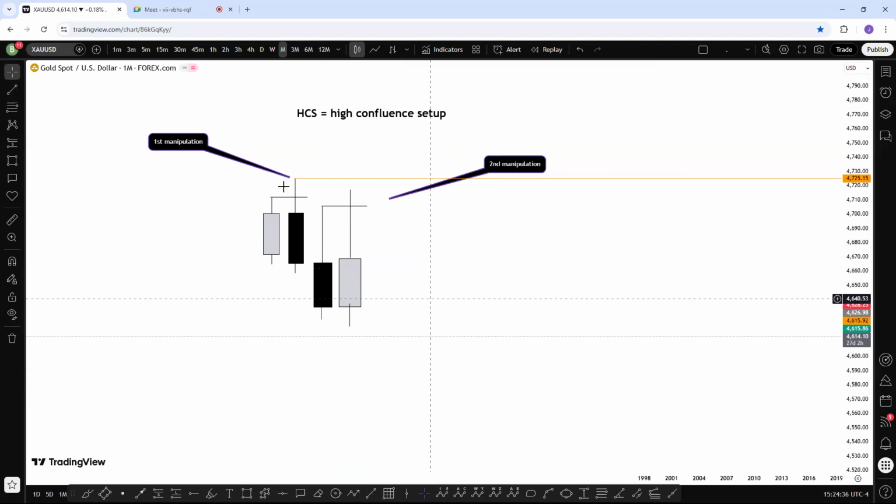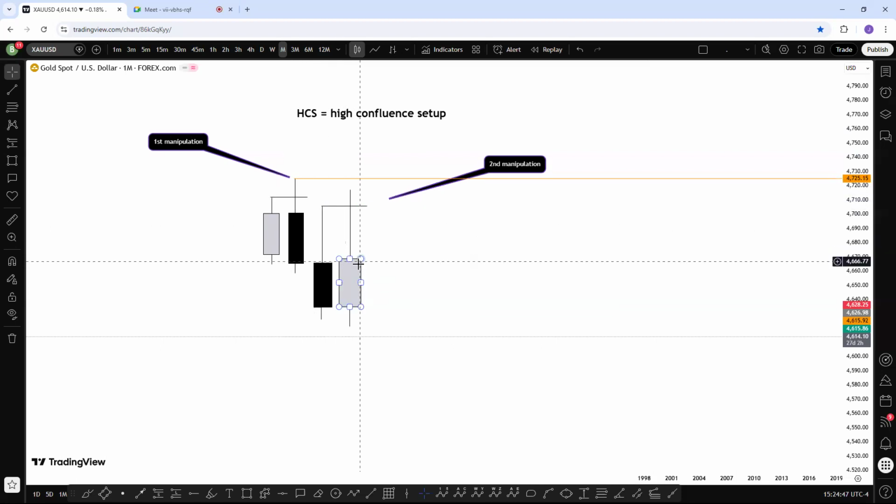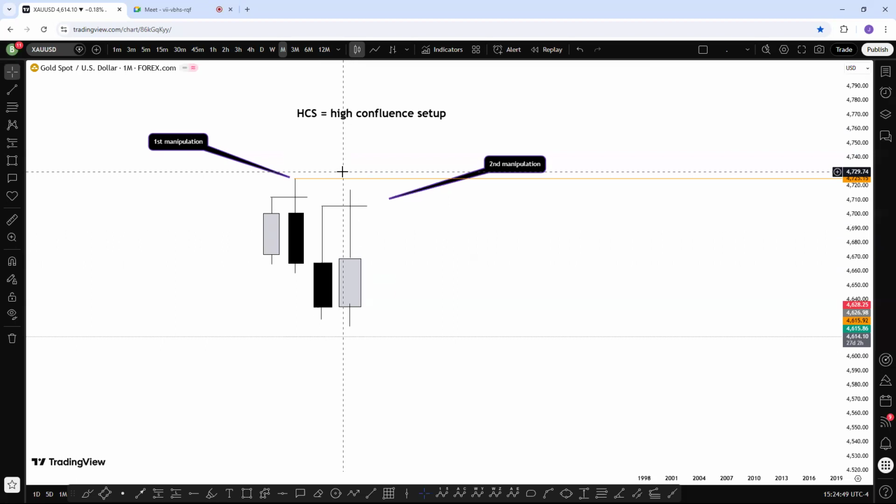You don't have to have many candles. It can even form like this: manipulation, another manipulation. Manipulation is tested, and during the test a new manipulation forms. That's what we call high confluence setup.